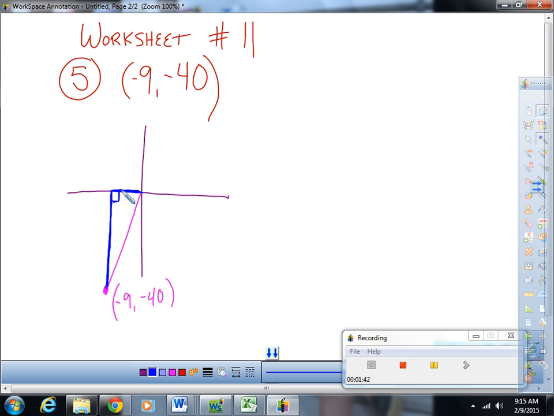This angle theta that they're referring to is the angle that goes from here to here. That is angle theta. Okay? We know that x is -9 and that y is -40.